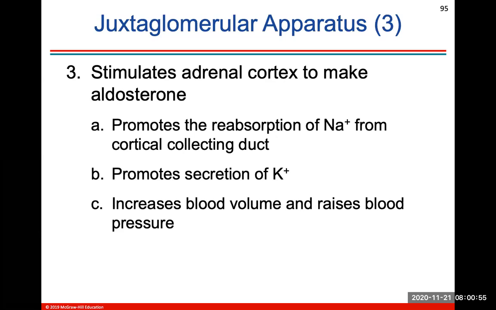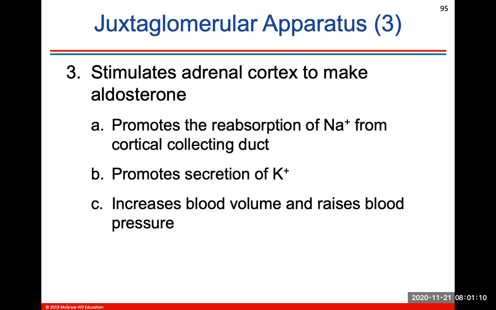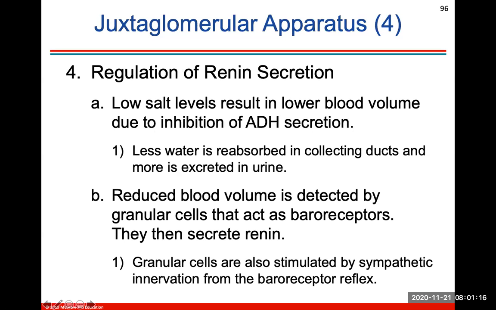So if you're in a trauma situation and you're losing a lot of blood, either internally or externally, your kidneys will secrete renin because this drop in blood volume will be sensed by these juxtaglomerular apparatus cells. The secretion of renin through several steps will directly increase blood volume and raise blood pressure.